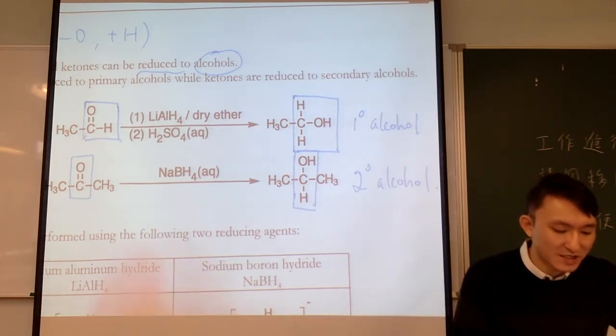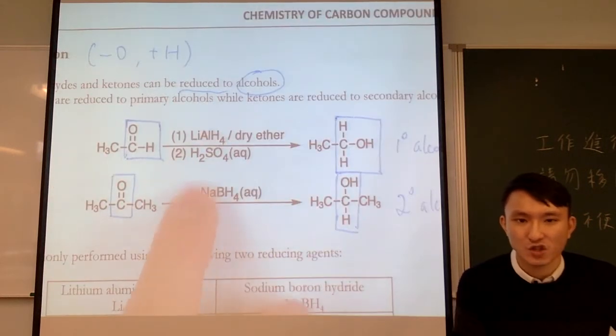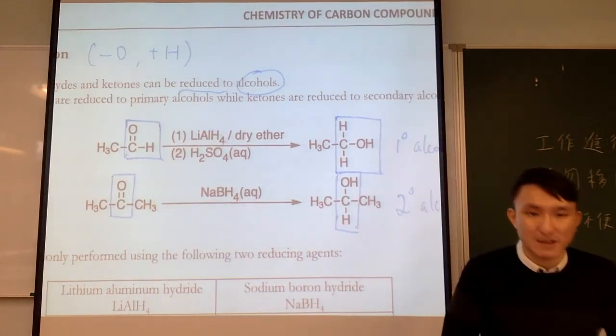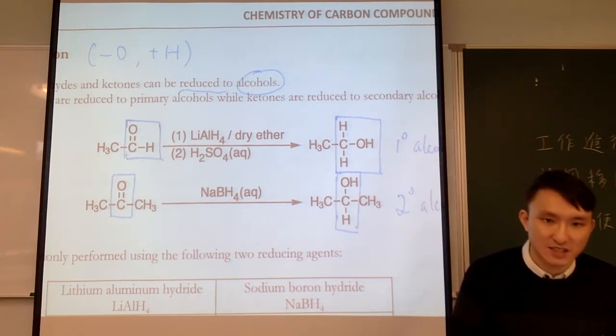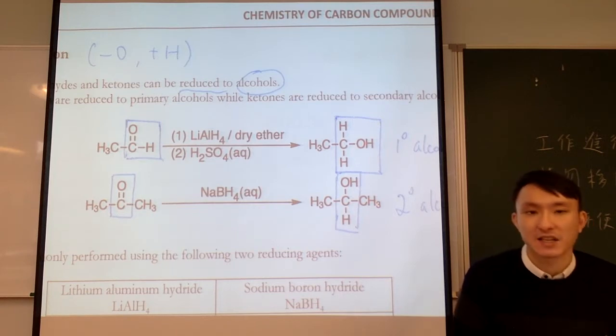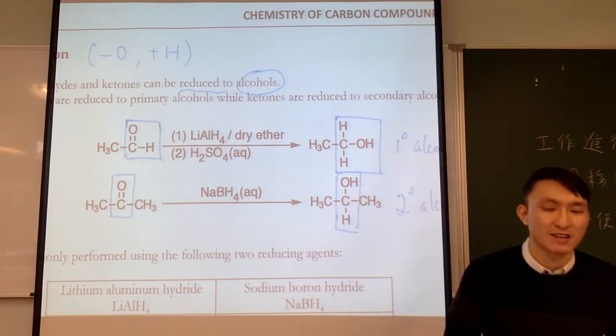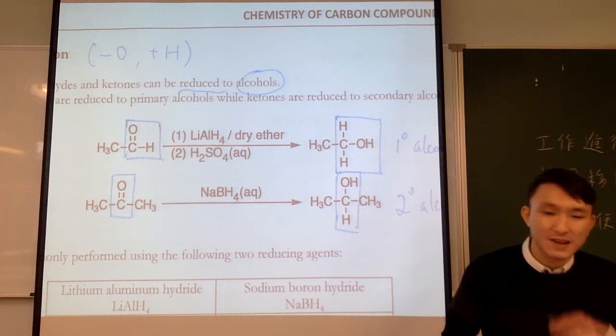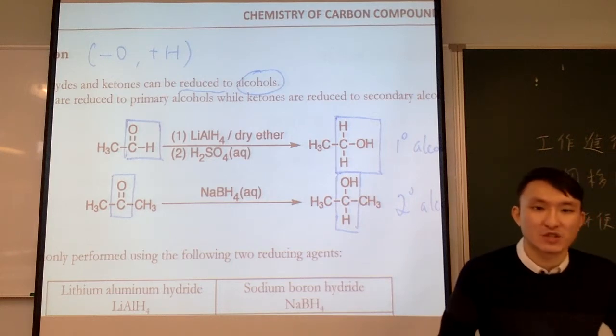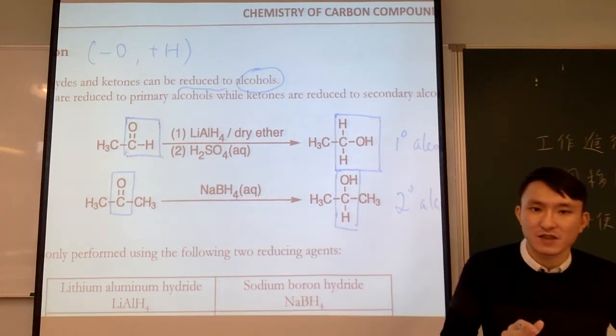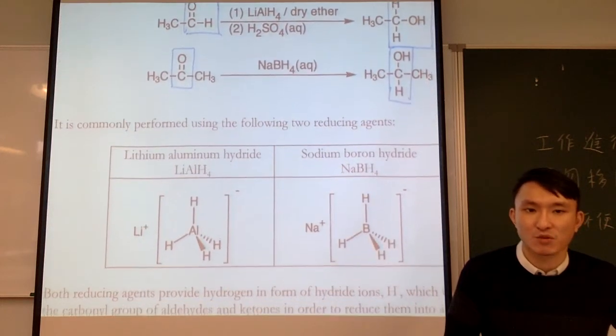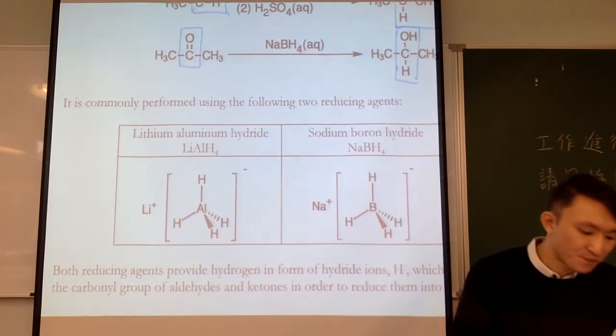Now, you may also wonder why there are 2 different conditions. In fact, for the reduction of aldehyde and ketone, we have 2 common reducing agents that can accomplish the task, and it doesn't matter which one. Let's have a look at these reducing agents that are exclusively used to reduce organic compounds. These are something new to you.